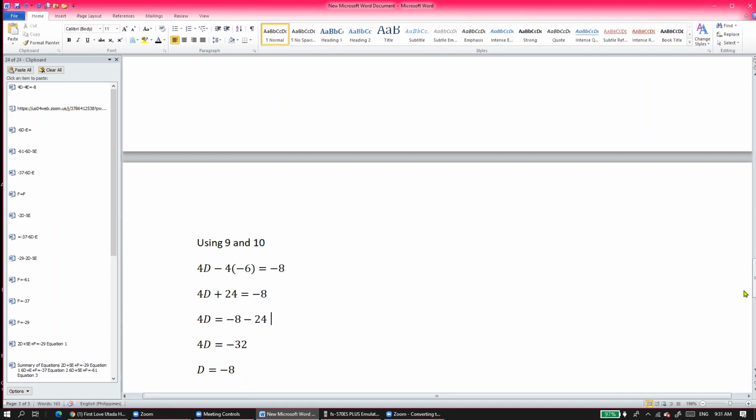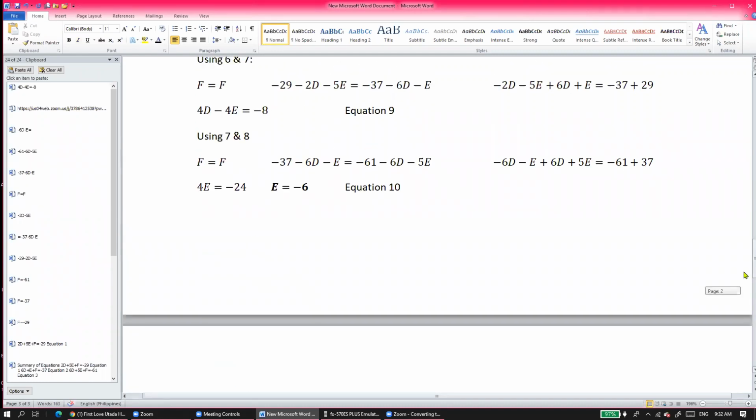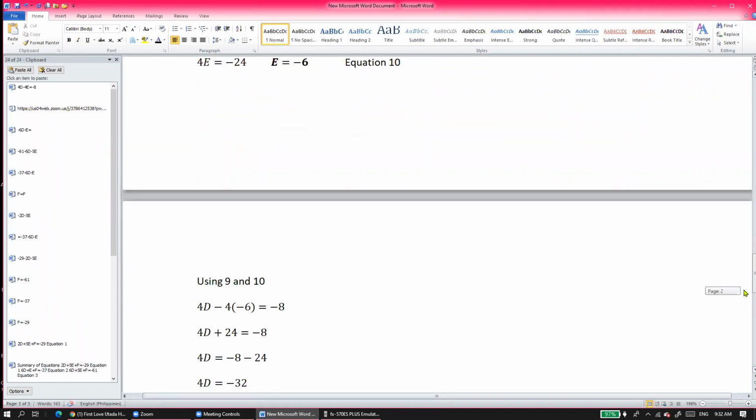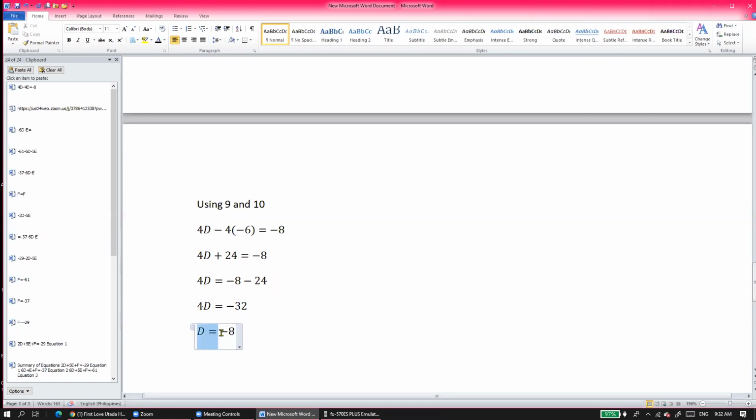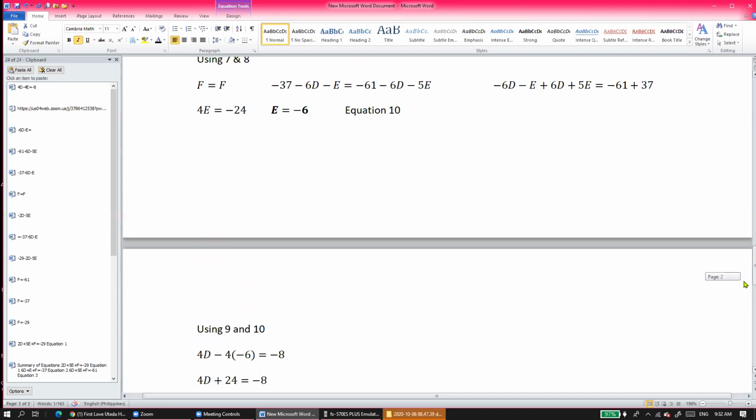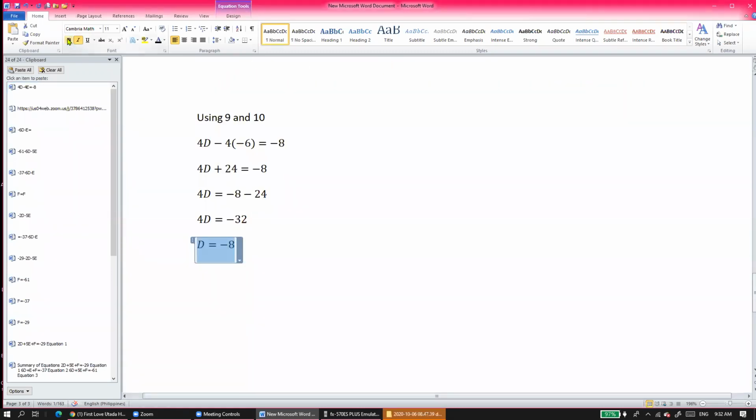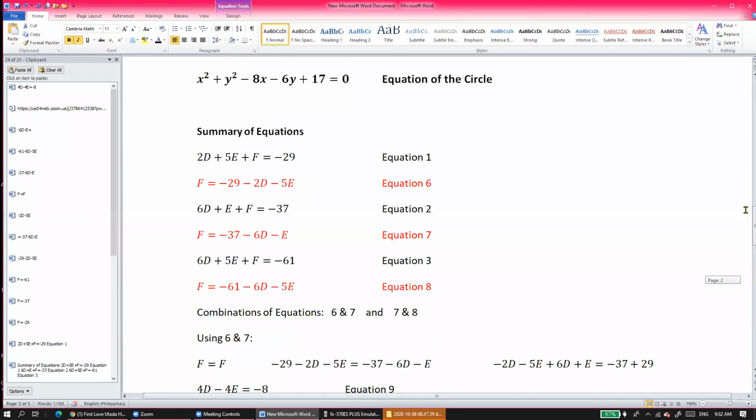So may value na tayo ng D at E. Ang value ng E is negative 6. Ang value naman ng D is negative 8. So what's next? Pipili lang tayo ng isa sa mga equation na meron tayo kanina sa taas. At actually, kahit alin man lang piliin natin, among these three equation 6, equation 7 man yan, o equation 8, ang lilitaw na value ng F, isa lang.